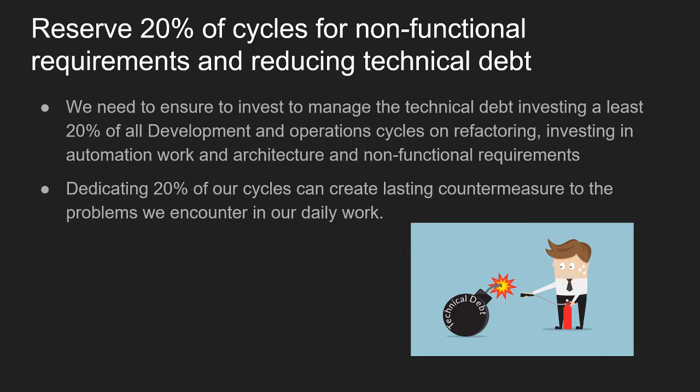Dedicating 20% of our cycles can create fewer countermeasures to the problems we encounter in our daily work. And as the picture says, we need to reduce the risk of technical debt because this can become a very big issue.